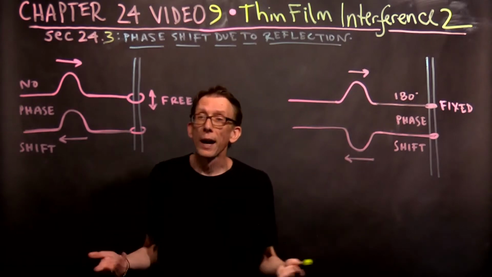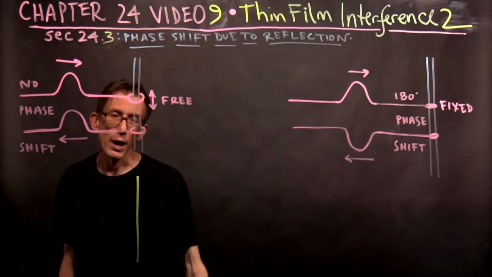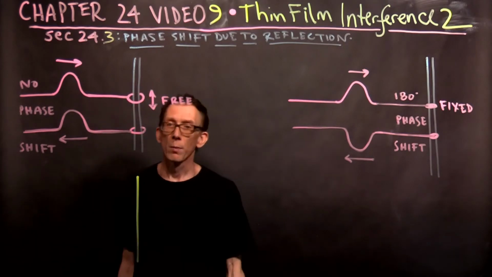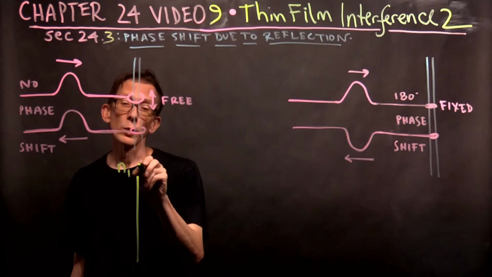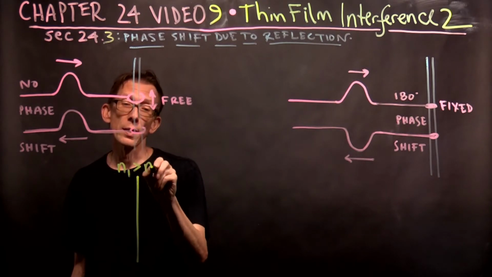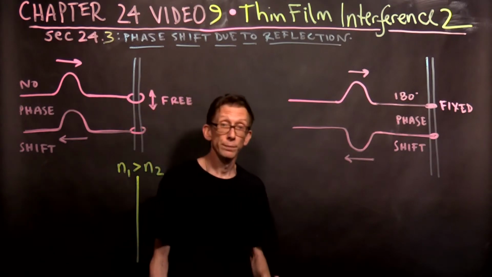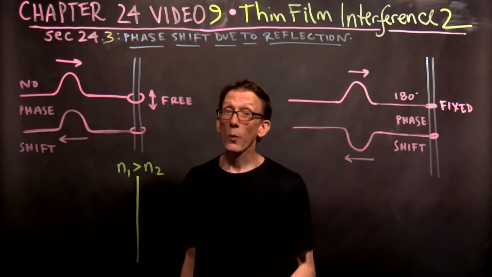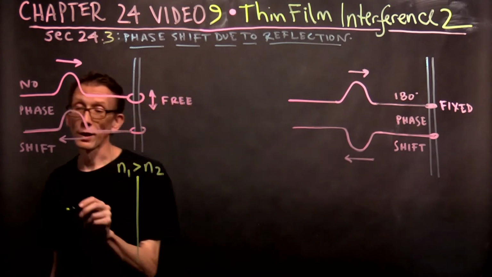So what does this have to do with light? Well, suppose we have a boundary between two different media, N1 here, and we'll say that N1 is greater than N2. And let's say we send a light wave towards it.